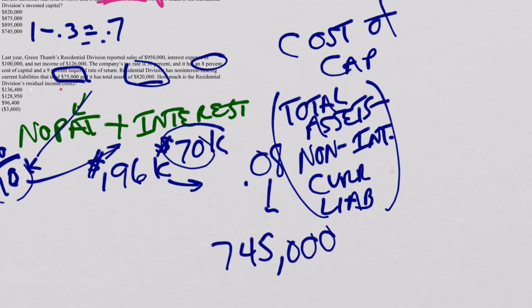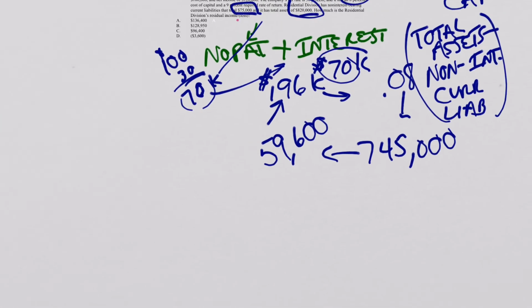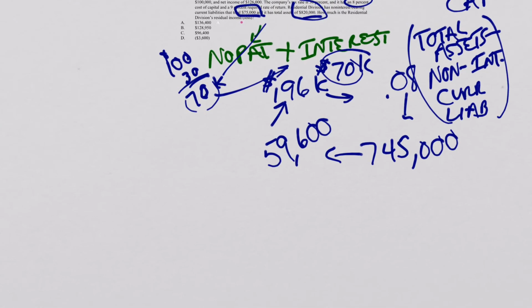will be 59,600. And we subtract that from the net operating profit after taxes with interest added back that we did here.